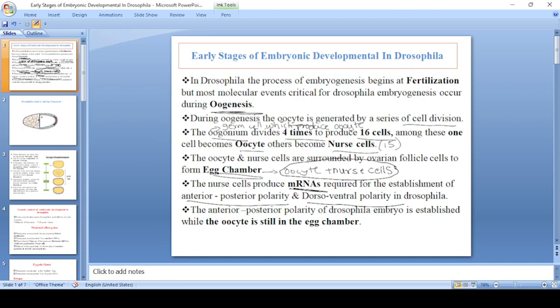That means the mRNAs required for these polarities are produced by which cells? Nurse cells. The anterior-posterior polarity of the Drosophila embryo is established while the oocyte is still in the egg chamber. This is very important.